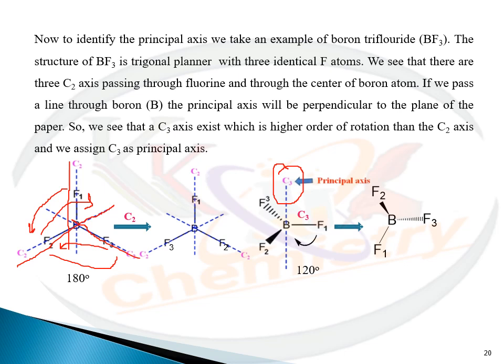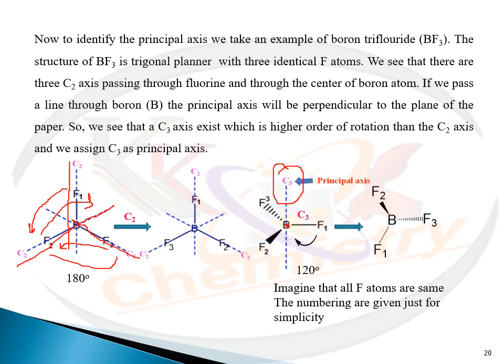Imagine this is a planar molecule, and you just pass C3, like making a hole in this boron molecule, and rotate it. When you rotate it by 120, this F3 will come over here, F1 will come over here, and F2 will come over here. Imagine that all atoms are the same, the numbering is given just for simplicity.